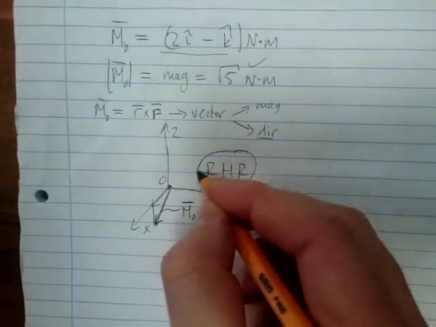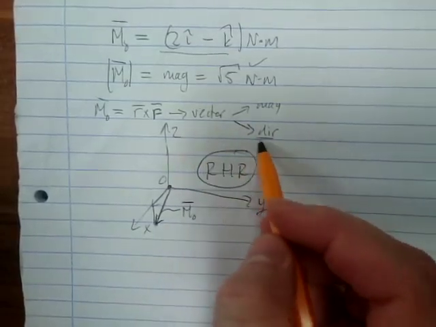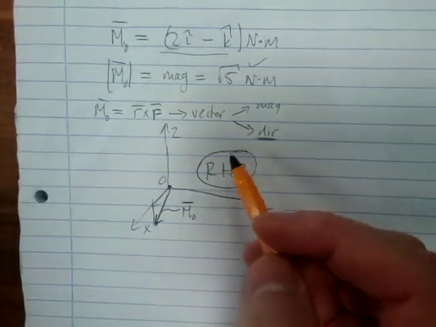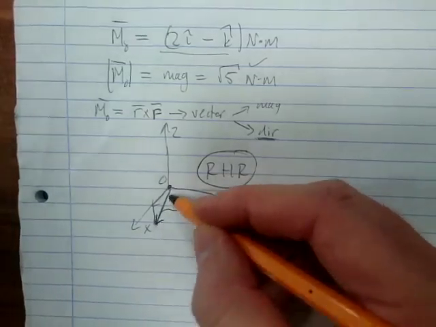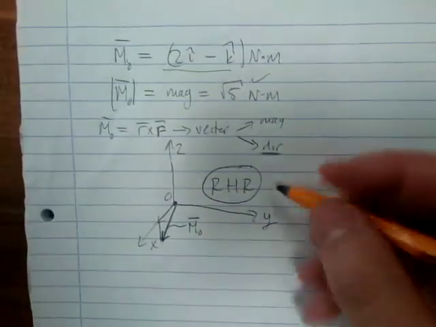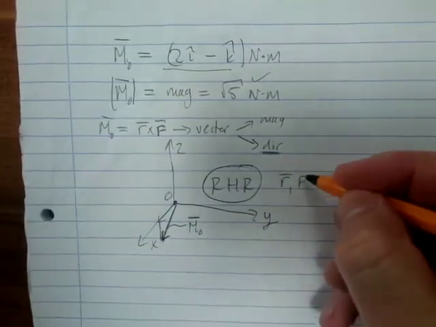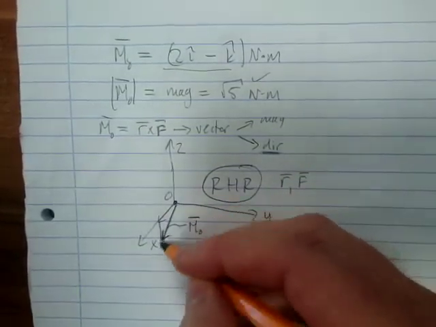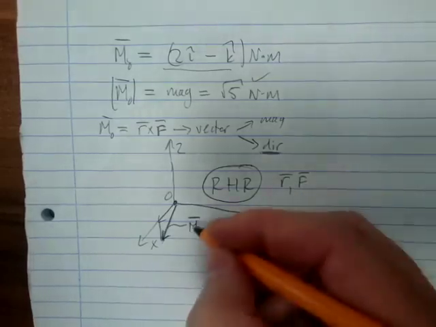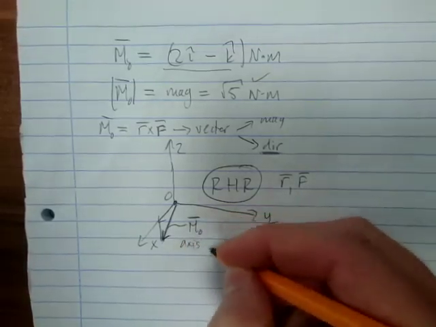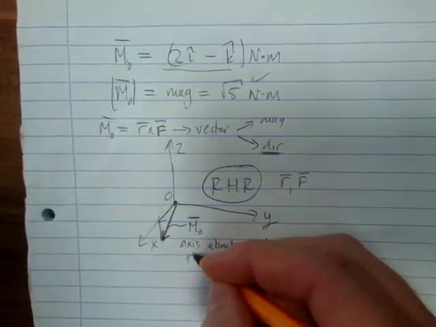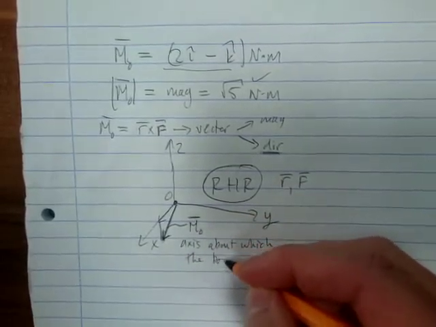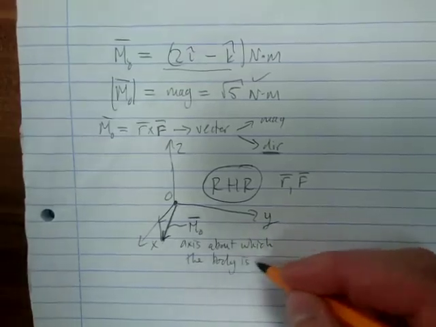I hope you can understand that, guys. When we're talking about the direction of a moment, we use the right-hand rule. My thumb is the axis that is perpendicular to R and F. My thumb goes in the direction of the axis about which the body is rotating.